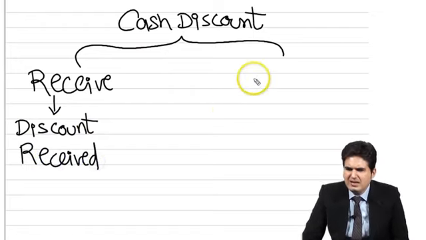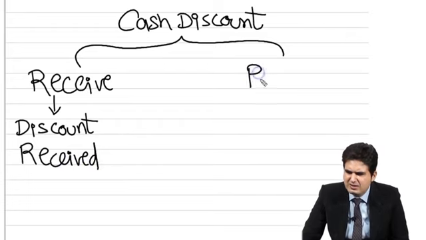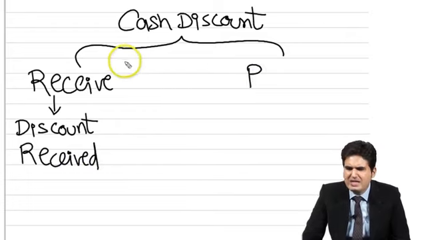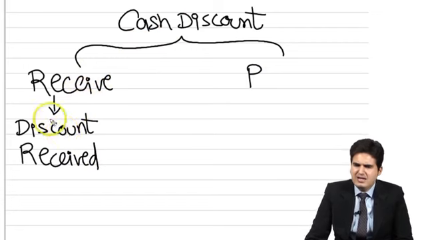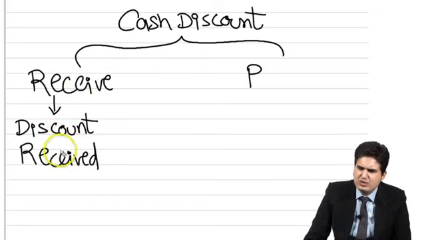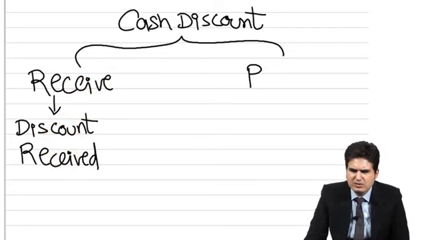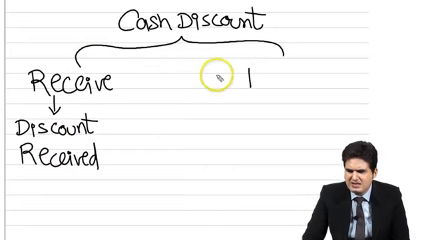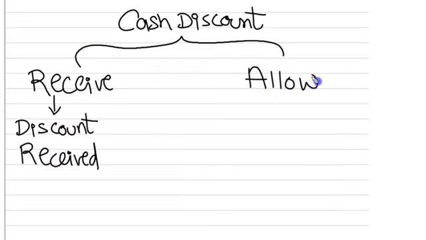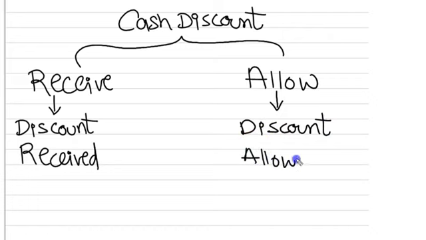It is termed as discount received. And if I allow the cash discount, it will be termed as discount allowed. That is, if somebody is making the payment to me before a particular date or immediately, then I will be allowing it, so it will be called cash discount, discount allowed.